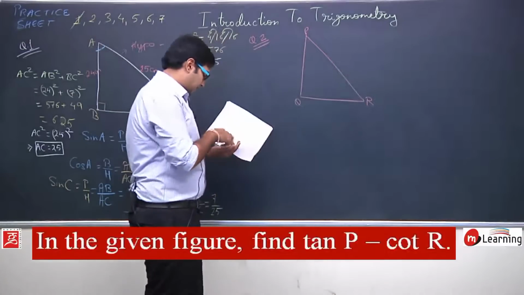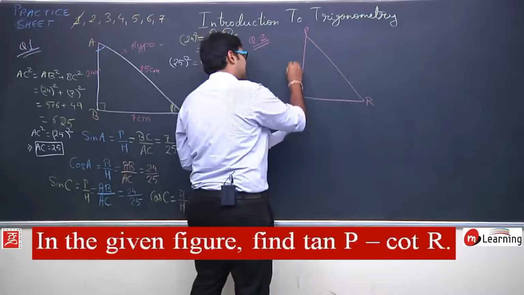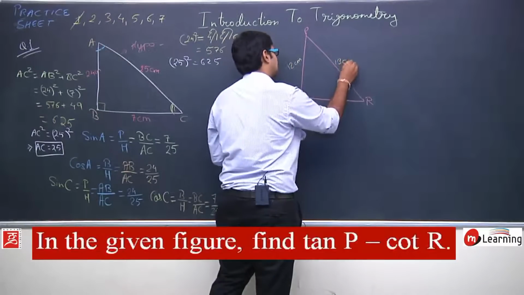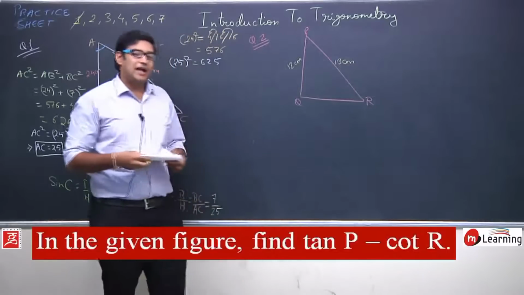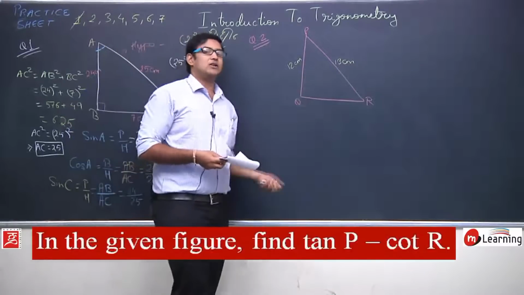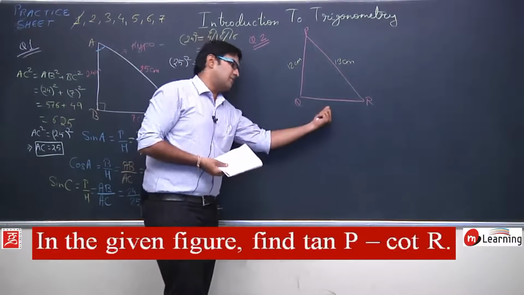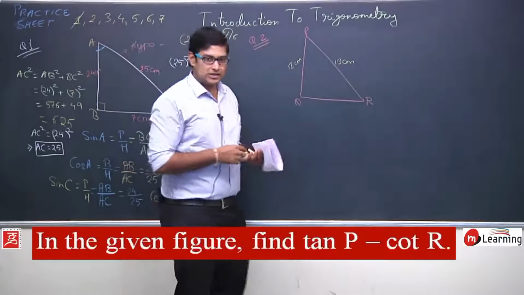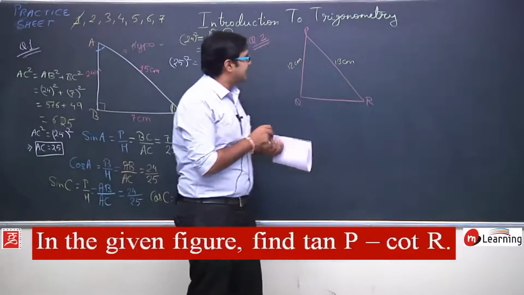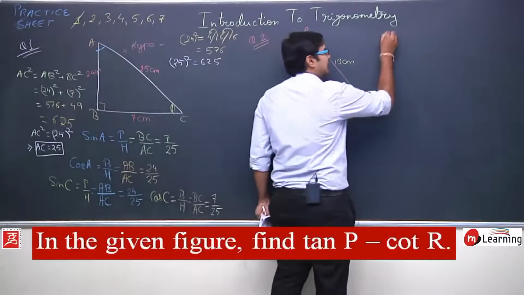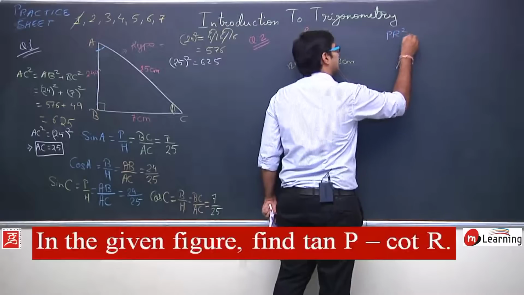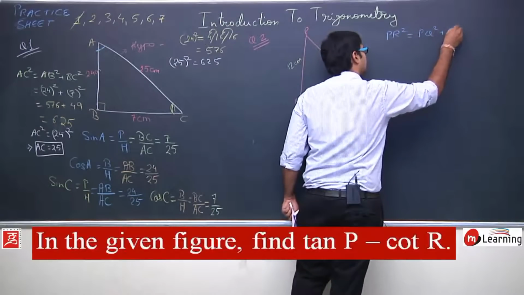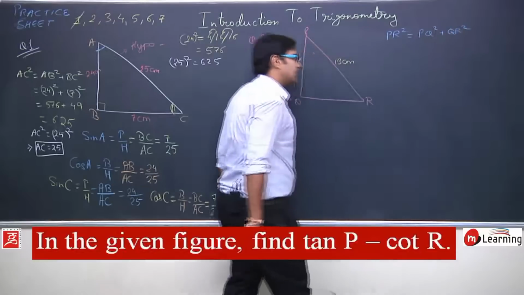In this PQR triangle, PQ is given as 12 centimeters and this PR is given as 13 centimeters. Now I have two values of this particular right angle triangle. Now can I determine the third value? Yes, it's very easy. How? By applying the Pythagoras theorem, because it's a right angled triangle. So I can write PR square is equals to PQ square plus QR square.